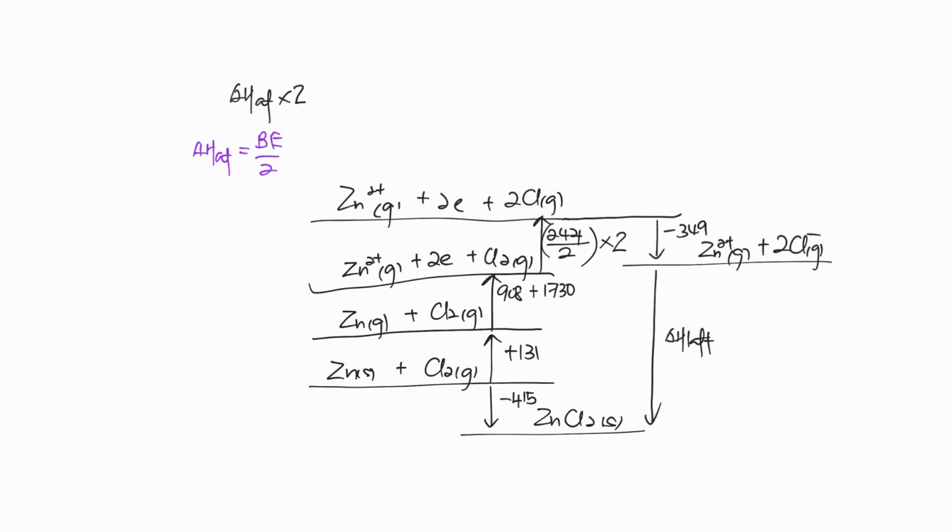After completing the energy cycle, where we have the Born-Haber cycle here, we go into the calculation to get lattice energy. We have the enthalpy change of formation, -415, which is equal to all of this process to have ZnCl2 solid.